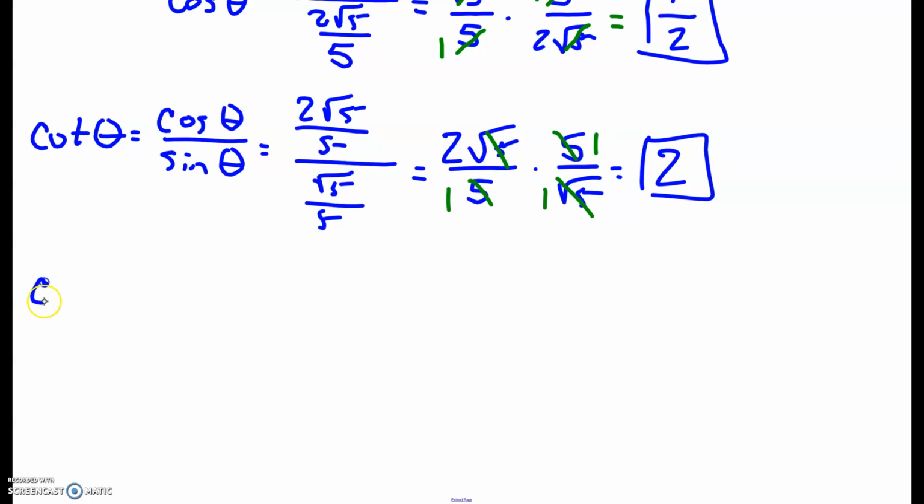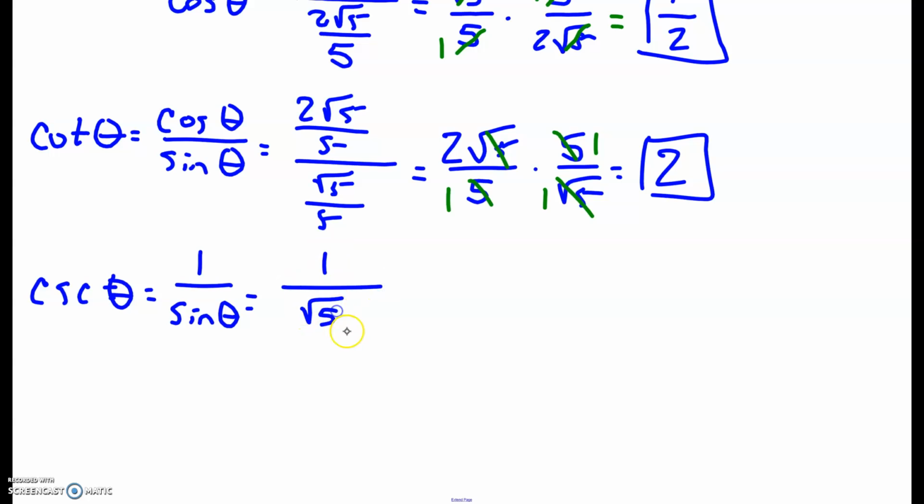To find cosecant of theta, this is 1 over sine theta, or 1 over the square root 5 over 5. That would be the same as 1 times the reciprocal, which is 5 over the square root of 5.